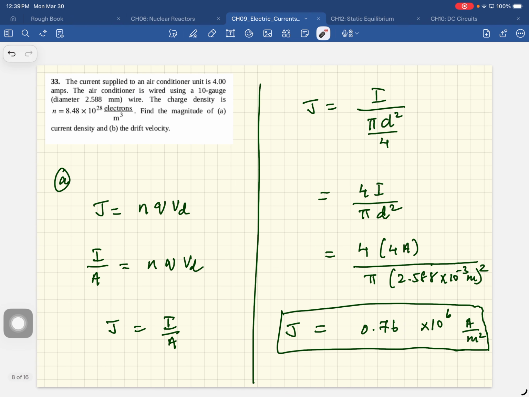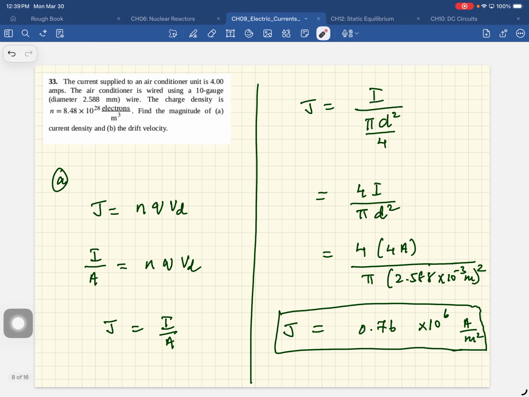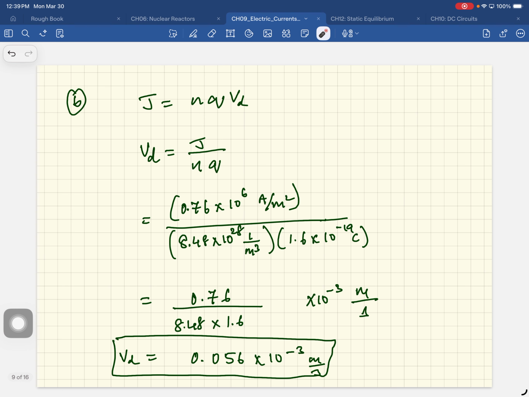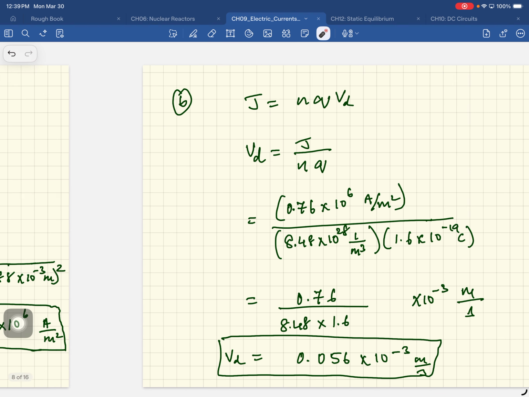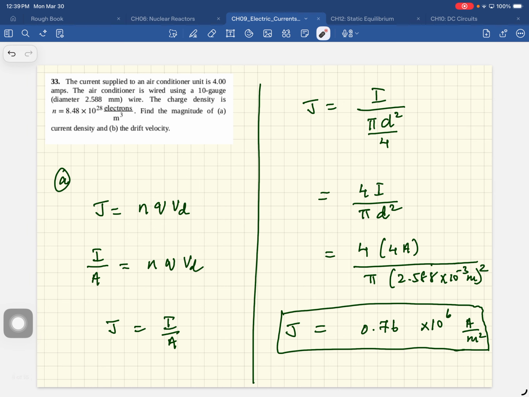Okay, so if I double the current in this wire, made it 8 amps, what will happen to the drift velocity? So you see, the formula for the current in a wire is N, the charge density, times the charge, times the drift velocity, times the area of cross section of the wire.